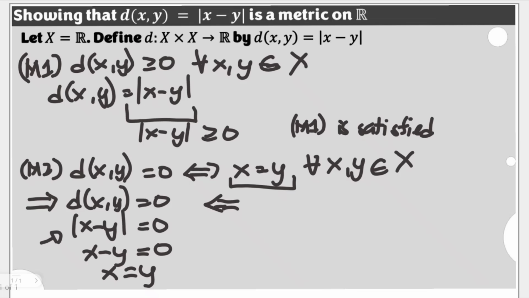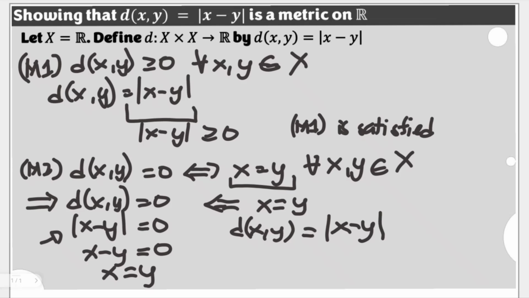Okay? And we say that x is equal to y, and then we need to show that the distance between them is 0. Of course, if they are equal, and our definition for the distance of x and y is equal to the absolute value of the difference, let's say we substitute x for our y, or you could also use y for x, vice versa, because we have assumed that they are equal.